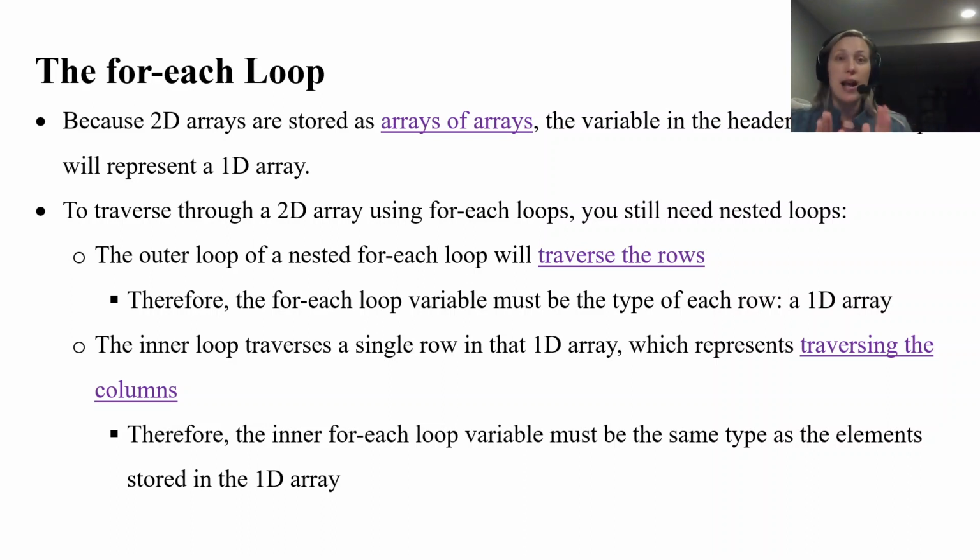It accesses elements wonderfully, but you would really only use this when you're trying to access elements, not when you're trying to change elements, or even if you're trying to keep track of locations, because keeping track of locations, you need indices, right? And we don't use indices with a for each loop. So anytime you need to do modifications or keep track of something, we usually don't use for each loops, just to access.